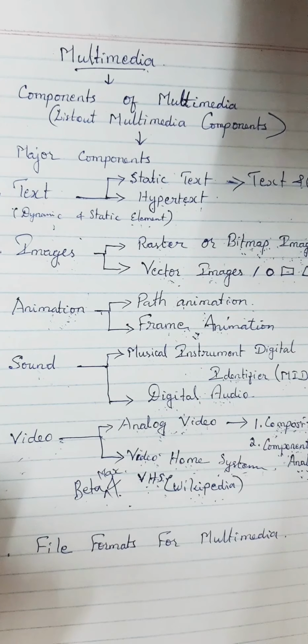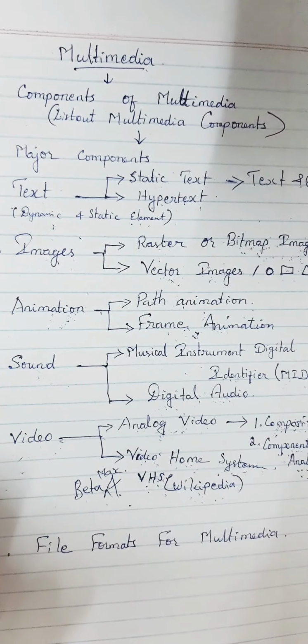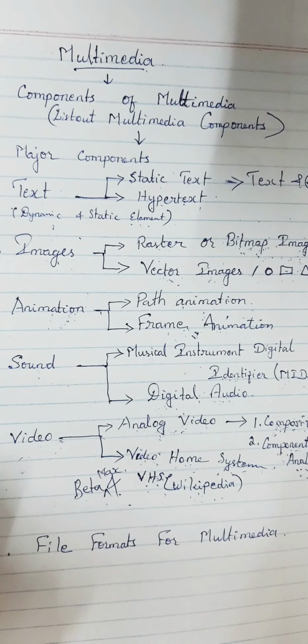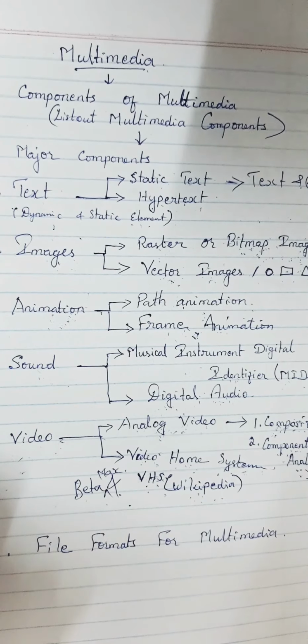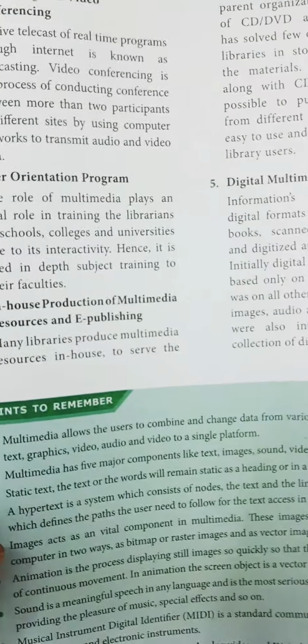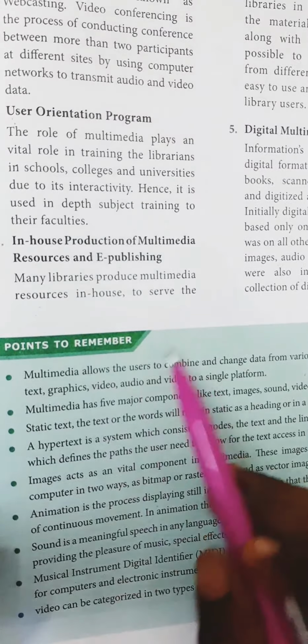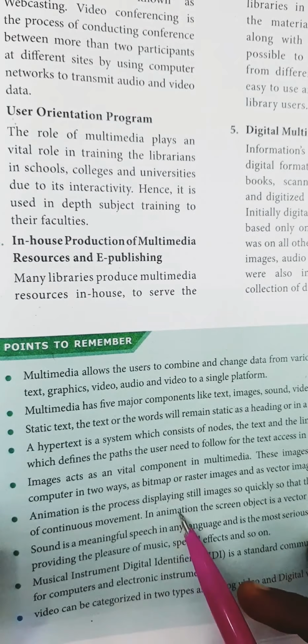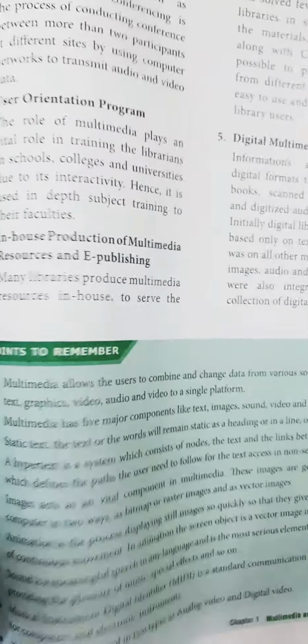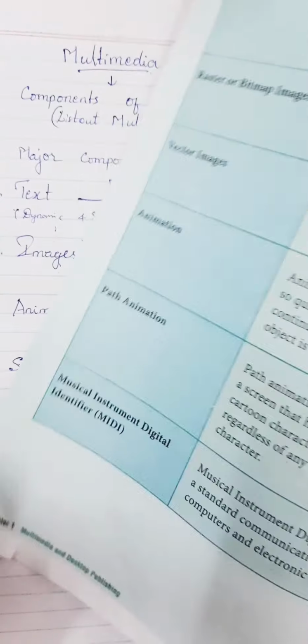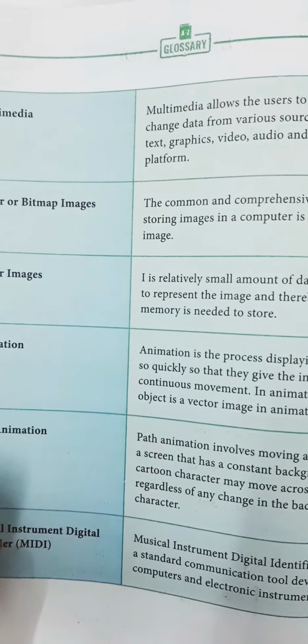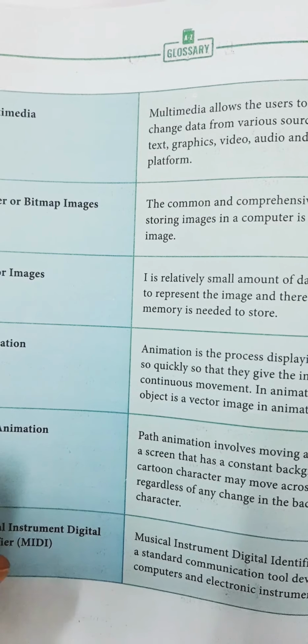What they given the PDF file of your book, page number 1 to page number 5 I have completed. You people have to go through line by line, and on your book at the last page, the chapter last page, there is a points to remember. All the points you have to study together today, and the next page you have the glossary. This also I have completed teaching.